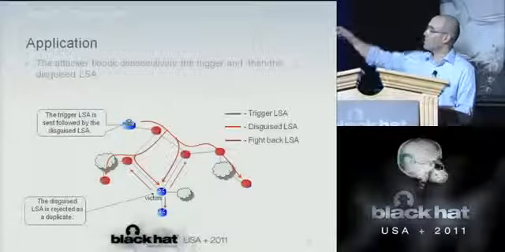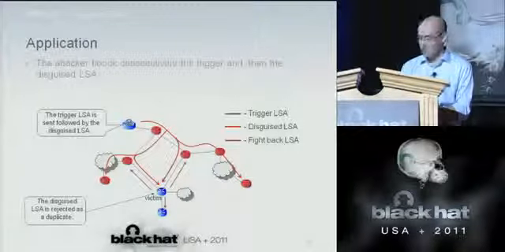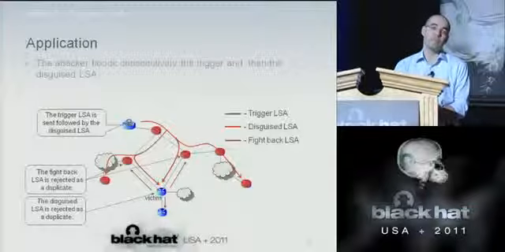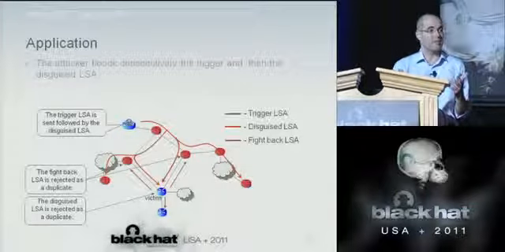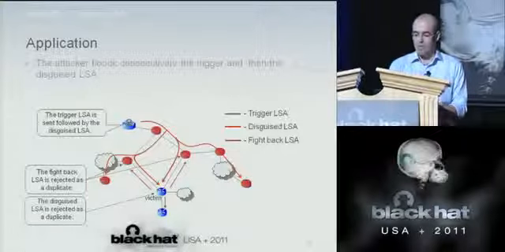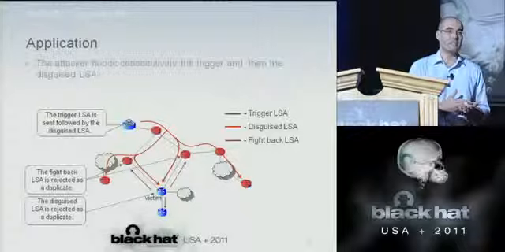Meanwhile, the fightback will be received by these two routers up there, and these two routers will also ignore the fightback because it is a supposed duplicate of the disguised LSA they just installed in their database.